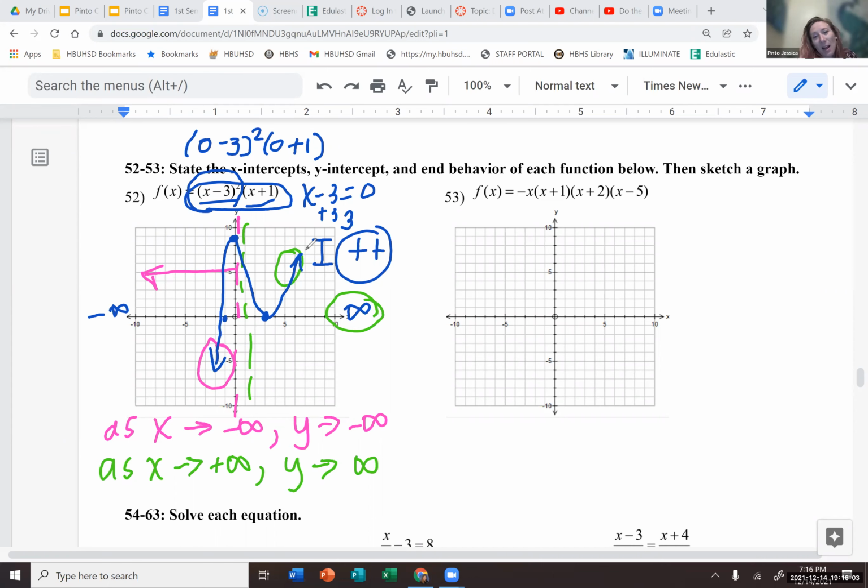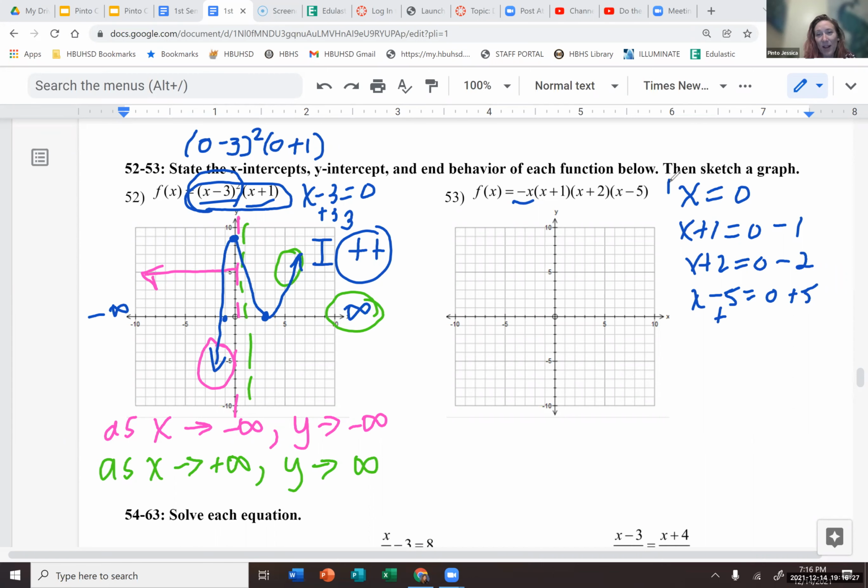Of course, on 53, we don't want to forget about this little guy. That little x is x equals 0. And then each one, x plus 1 equals 0, x plus 2 equals 0, and x minus 5 equals 0. So I would subtract 1, this is -1, this is -2, this is +5.